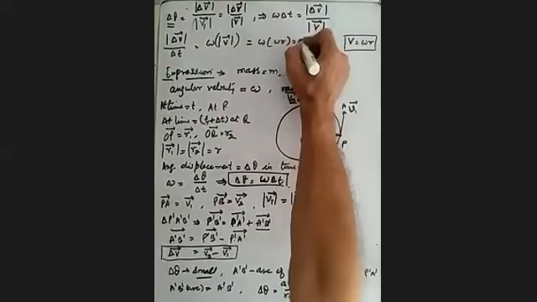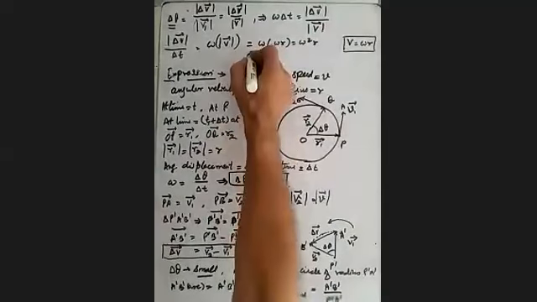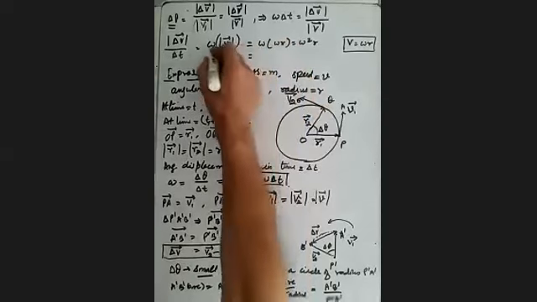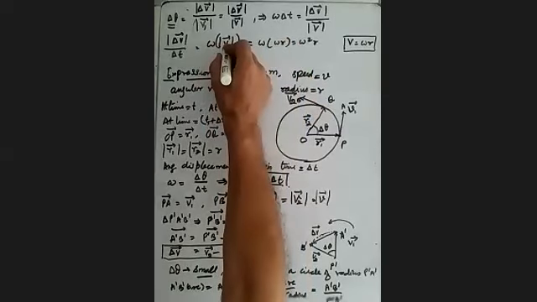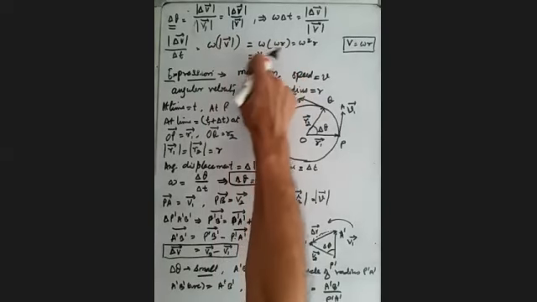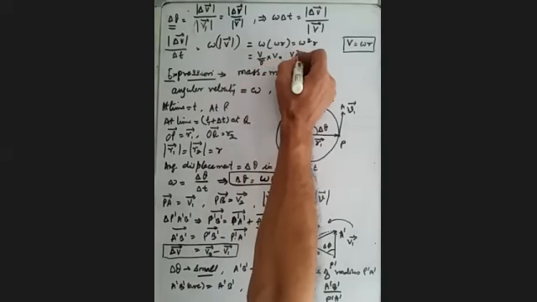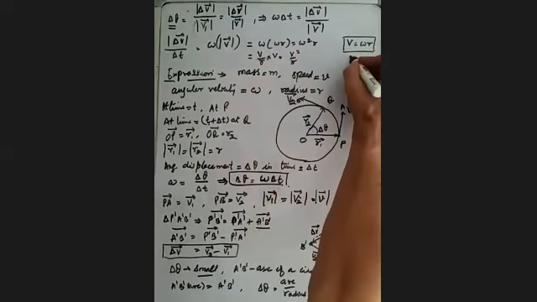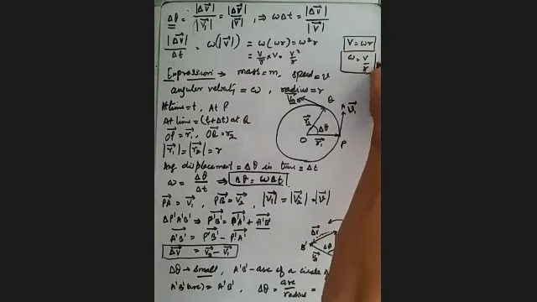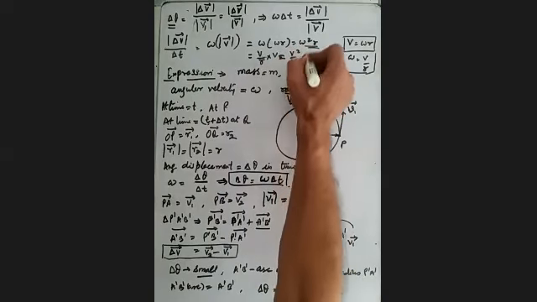So it is equal to omega square r, or we can also use v only and make it v by r into v, that is v square upon r. So omega is equal to v upon r, so this also we can use. So we are getting two expressions on the right hand side, which are the same thing.